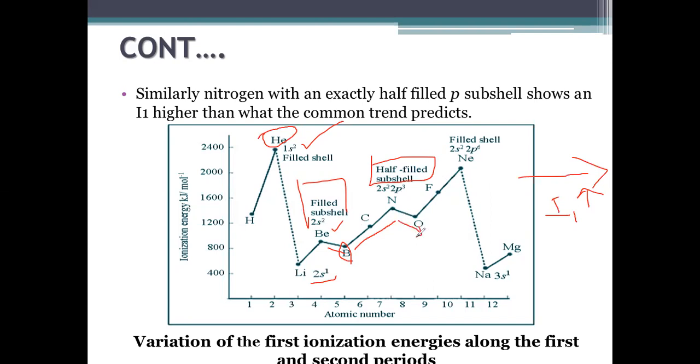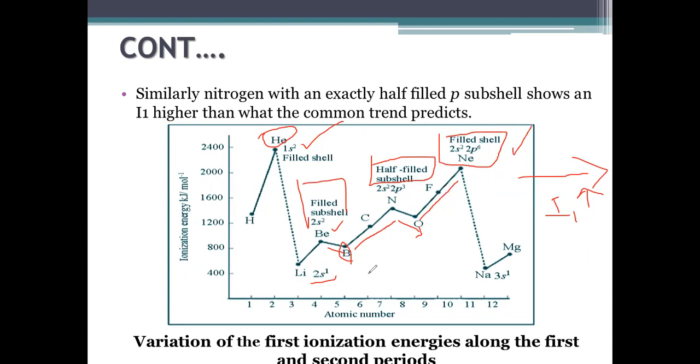Again, there is a drop: oxygen shows the drop. According to that, again it starts to increase. Neon is the fully filled configuration, your noble gas, and it shows the highest ionization energy. When you take the first period and the second period, in the first period the ionization energy increases from left to right, no problem.